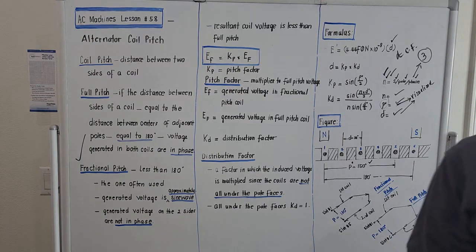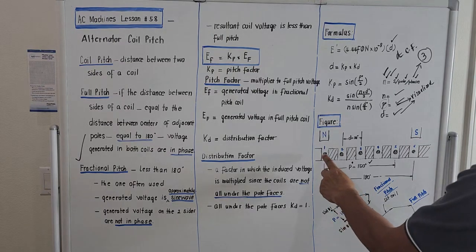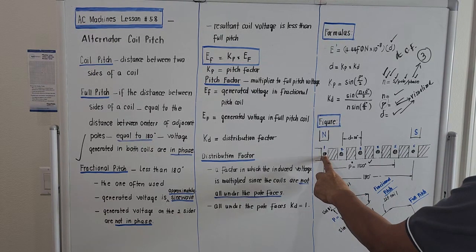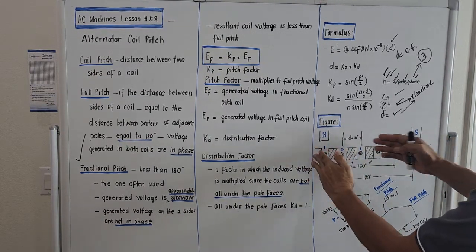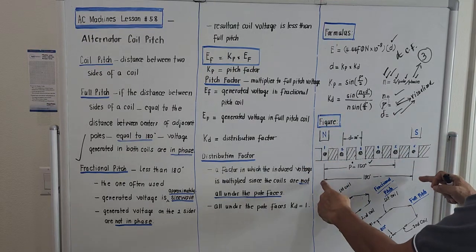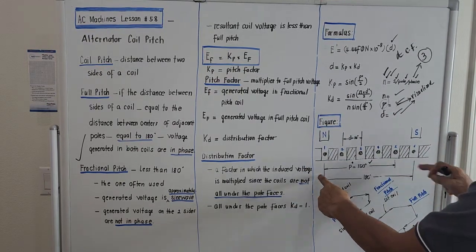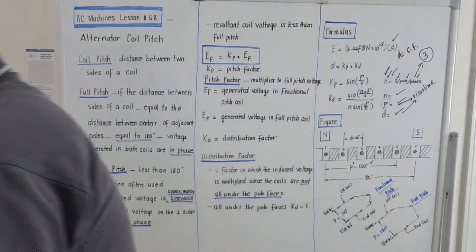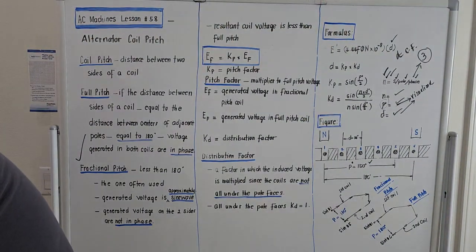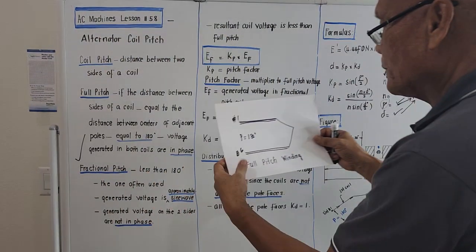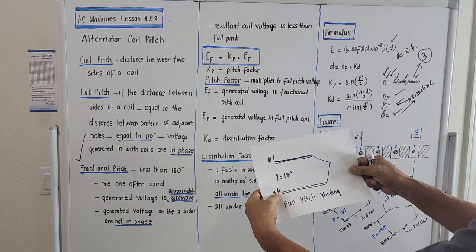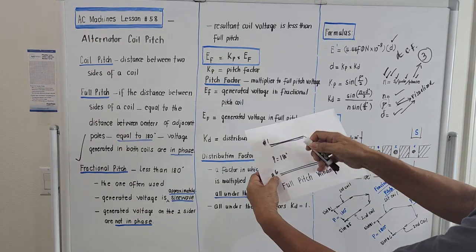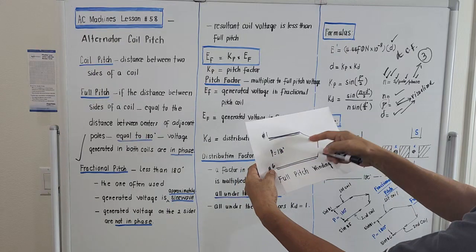So just in case the winding enters slot number 1 and comes out at slot number 6, and we compute the electrical degrees between this North Pole and South Pole, it's 180 degrees. If it enters slot number 1 and goes out at slot number 6, the distance in electrical degrees between coil number 1 and coil number 2 is 180 degrees.